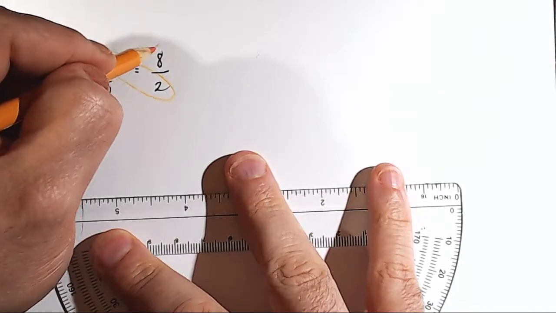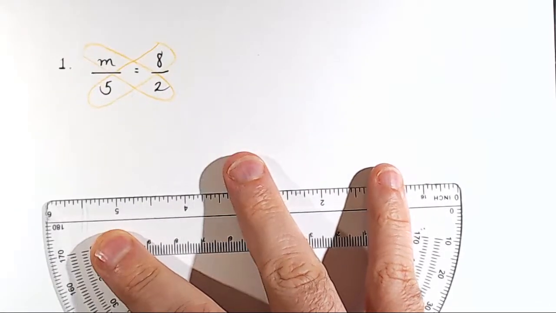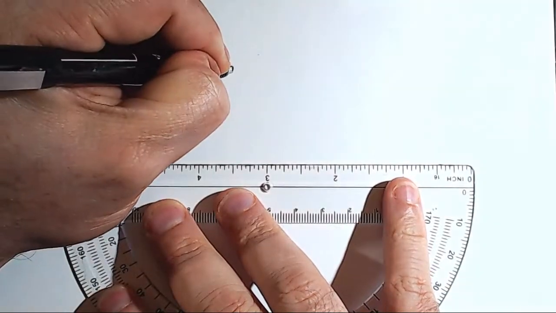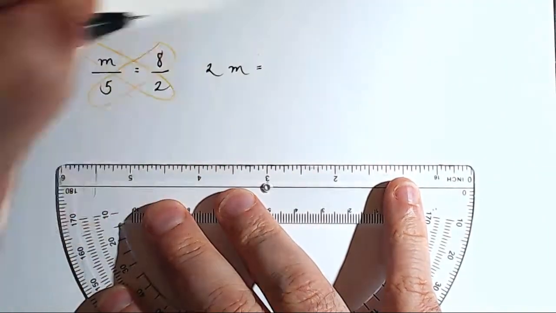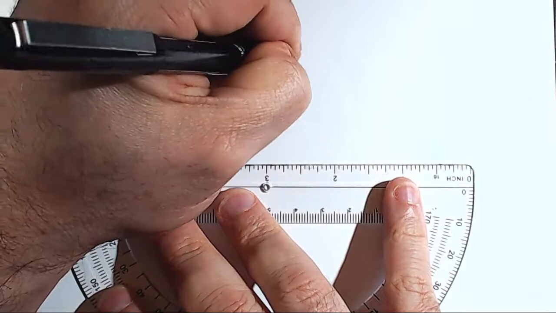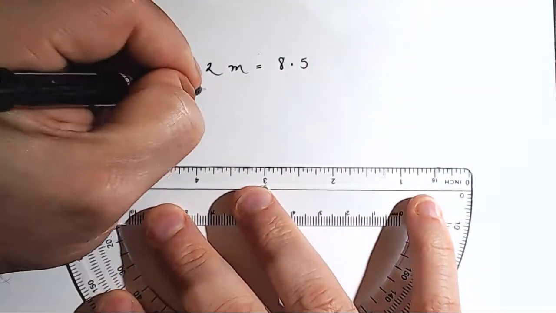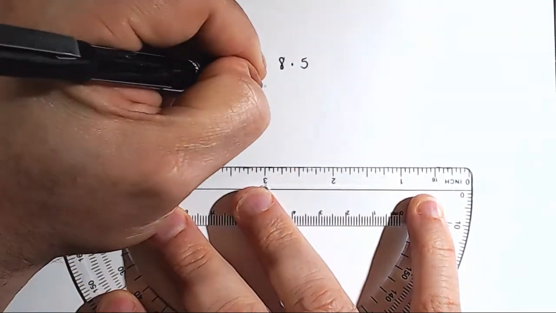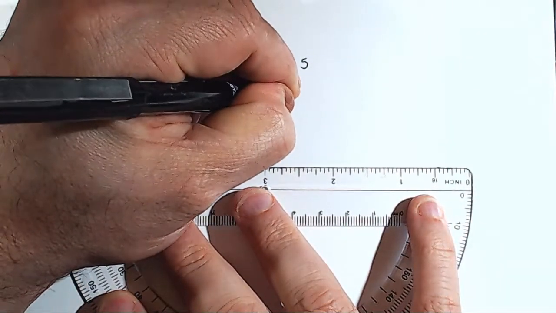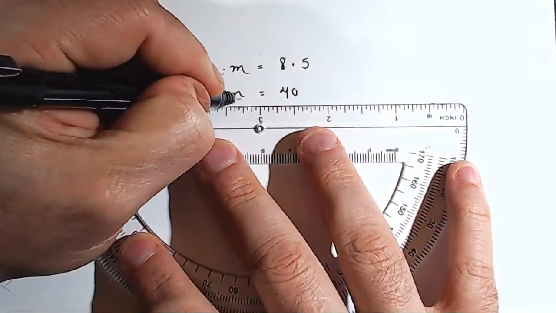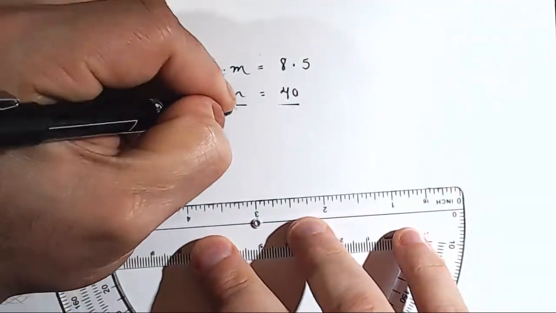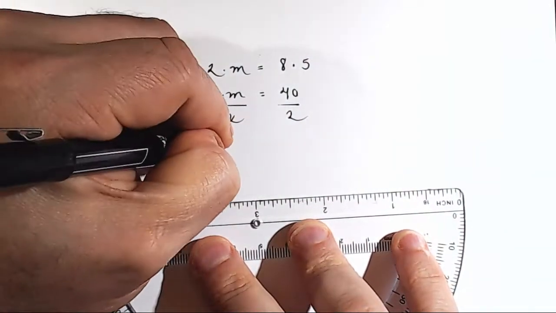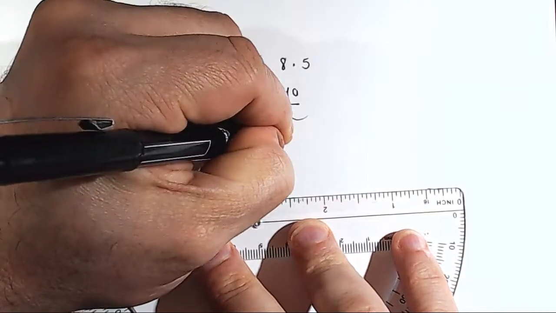You just draw the butterfly here, and now we'll say 2m equals 8 times 5. That means 2m, and that's again 2 times m, equals 40, because 8 times 5 is 40. To get m by itself, I'll just divide both sides by 2 and cancel the 2's on the left, and I get m equal to 20.